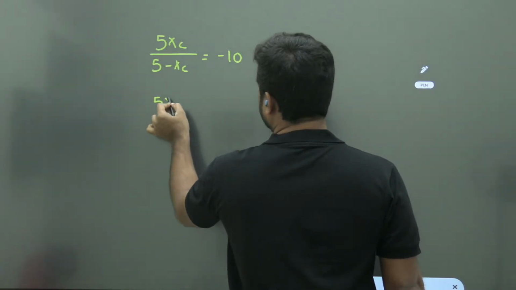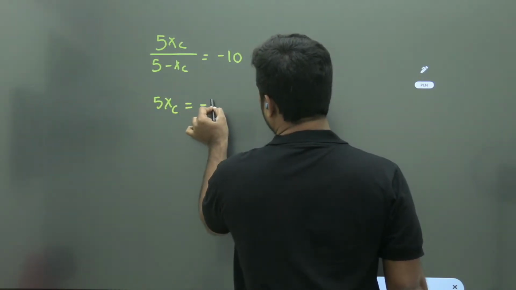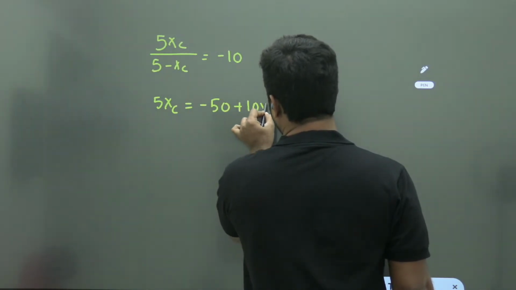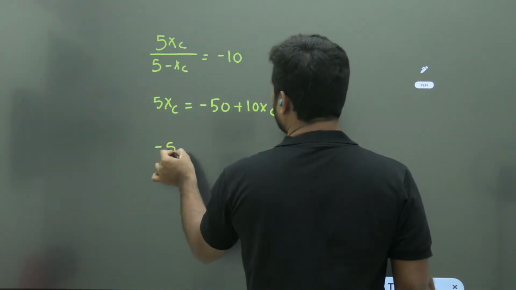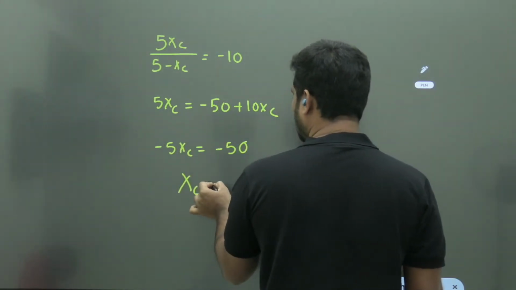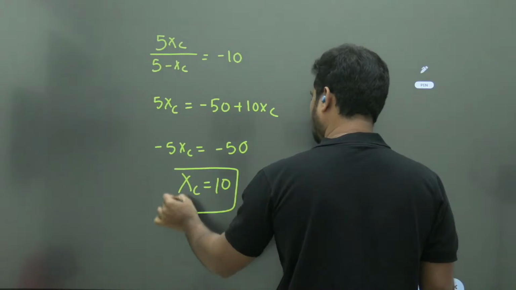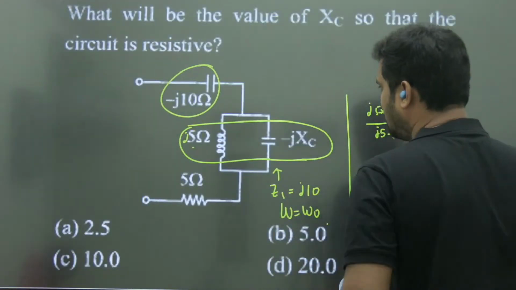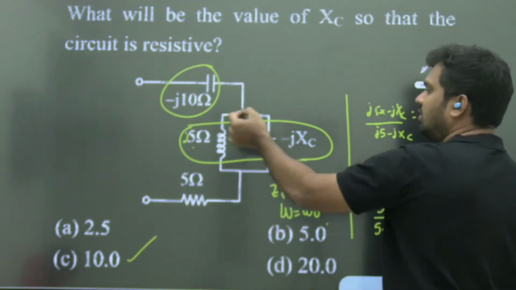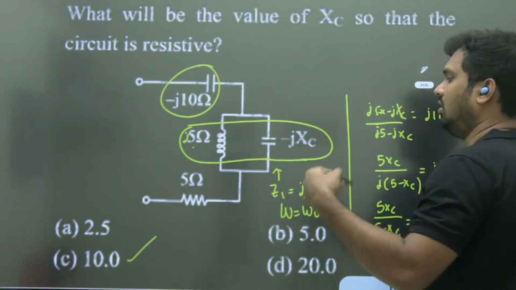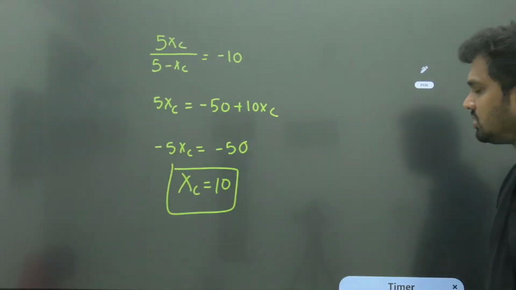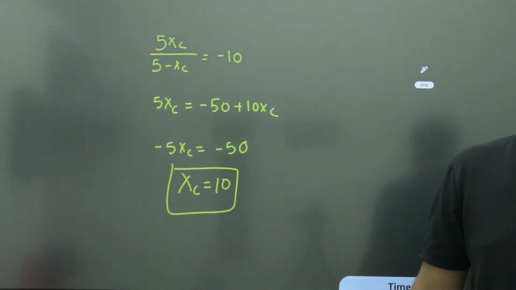So 5XC equals minus 50 plus 10XC, so minus 5XC equals minus 50. What should XC be? 10. So when XC is equal to 10, this equivalent will be plus j10, and overall will be resistive. So overall impedance must be resistive for resonance.